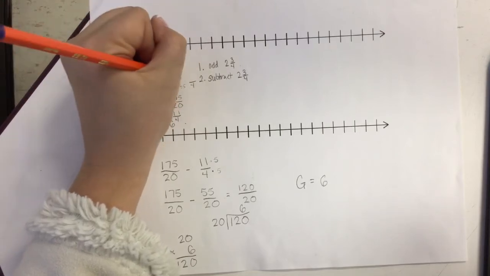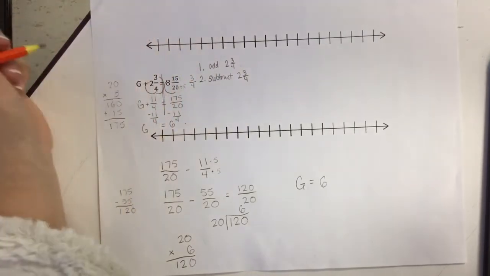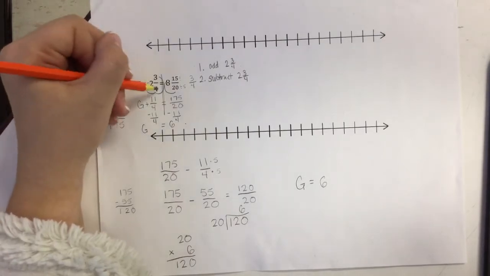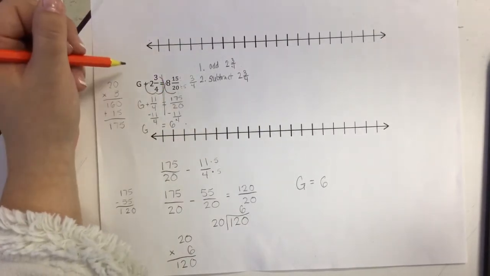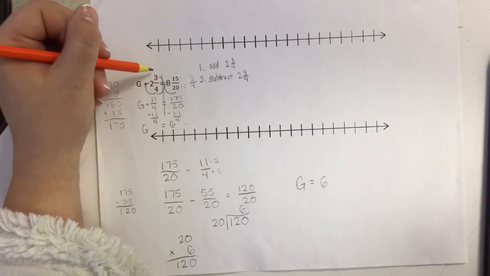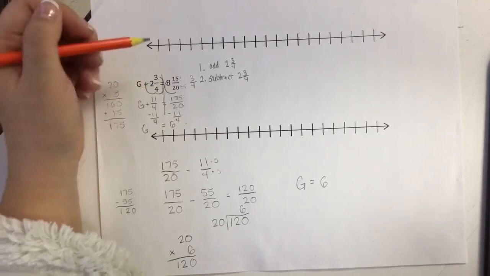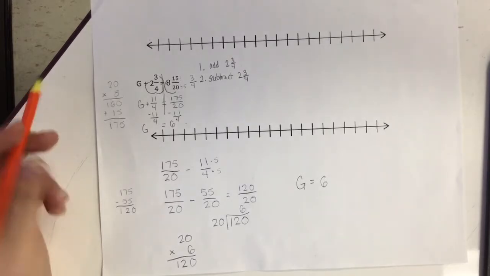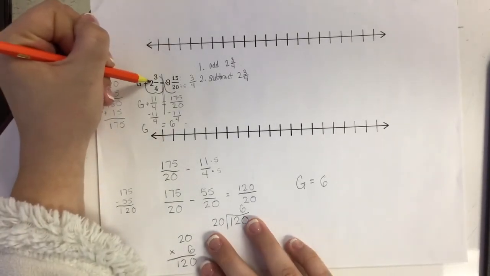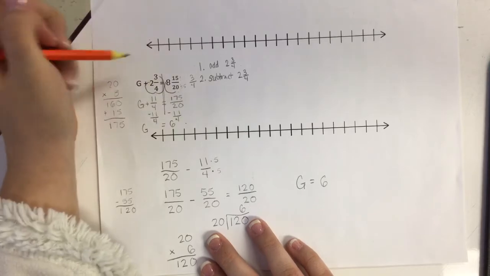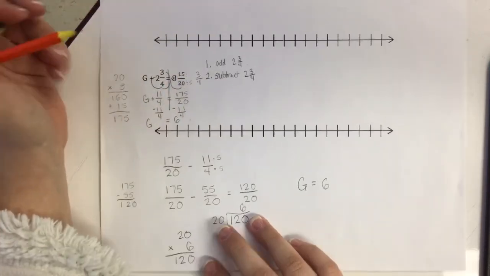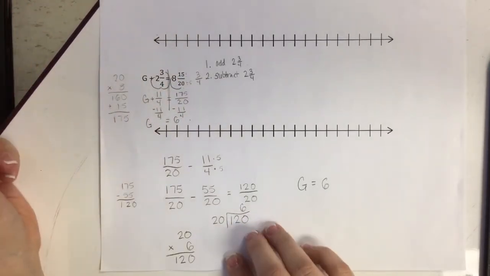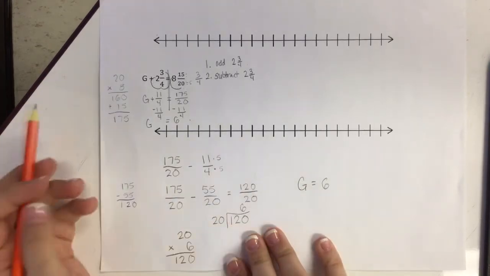And 15 divided by 5 gives me 3. Well, looky there. Now I have 2 3/4 and 8 3/4. I can say 8 3/4 minus 2 3/4. We know that's going to give us 6. Or 6 plus 2 gives us 8 3/4. And that's how we know that's the right answer. All right, so G is equal to 6.